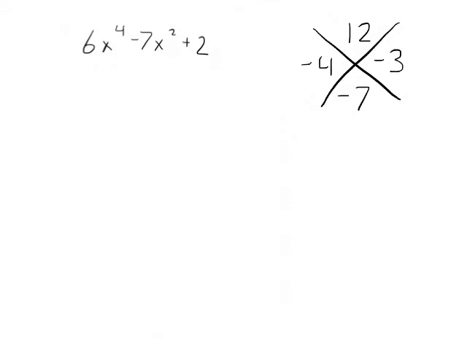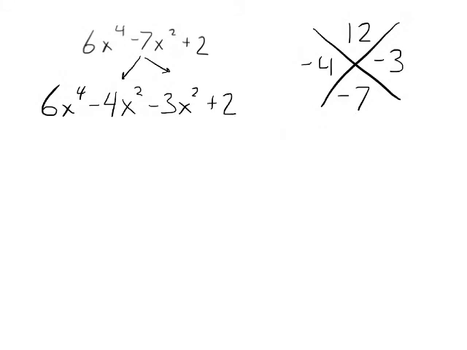What do I do with those two numbers? I'm supposed to use those to split up the middle term. So they'll each get an x squared. This time it's going to be 6x to the 4th in the front, minus 4x squared, minus 3x squared, plus 2.